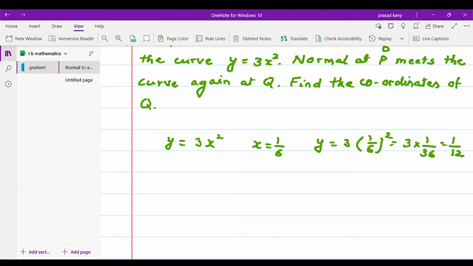So the coordinates of point P are 1 upon 6 and 1 upon 12.